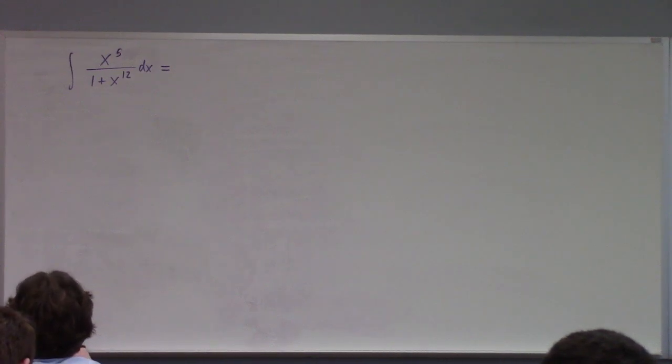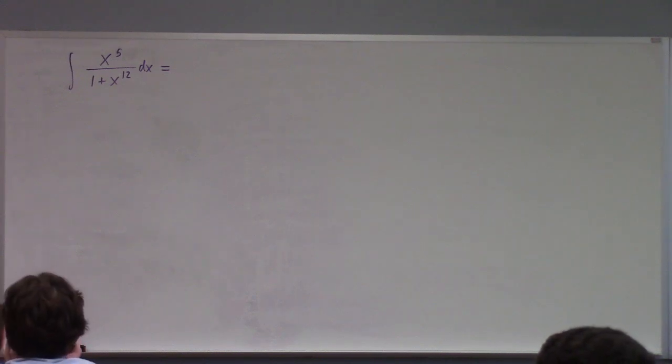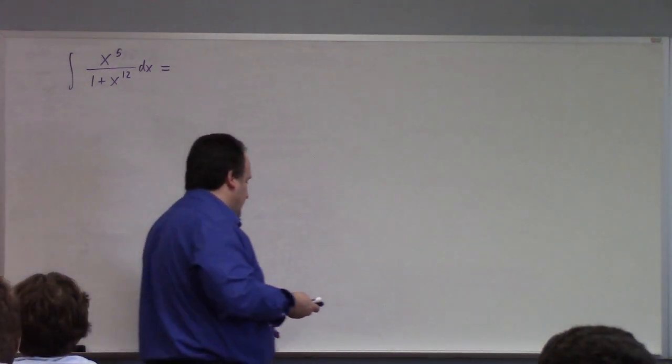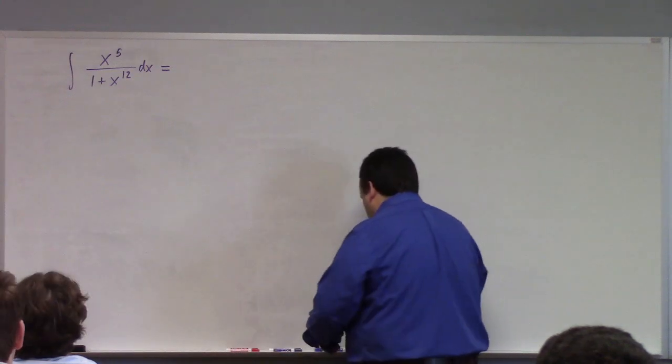So, all right. If I see something like this, first thing I do is try to make the denominator equal to u and see if a u substitution works. A moment's inspection quickly reveals that doesn't work, because we'd need an x to the 11th upstairs for du to make that substitution. That's not going to work.